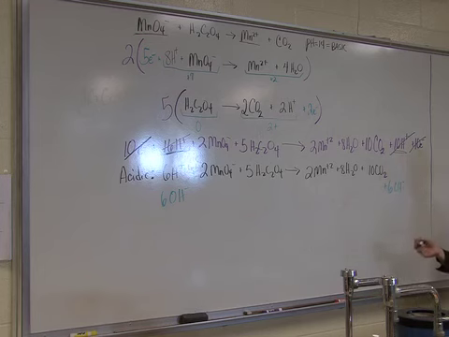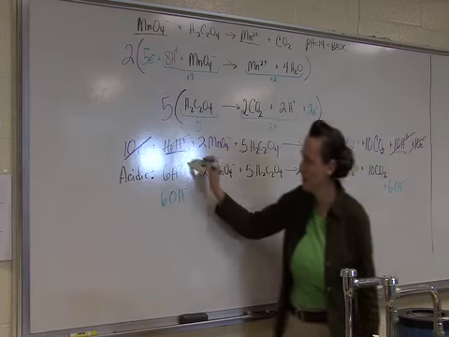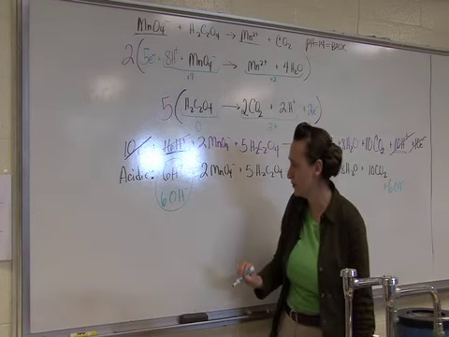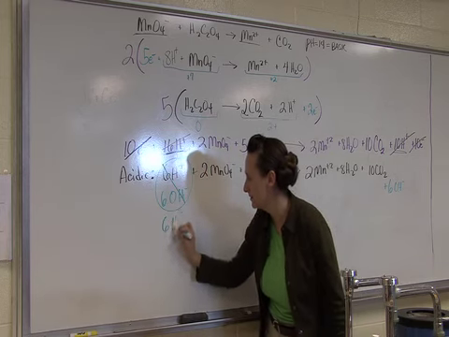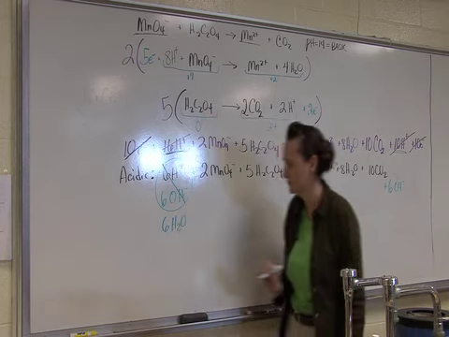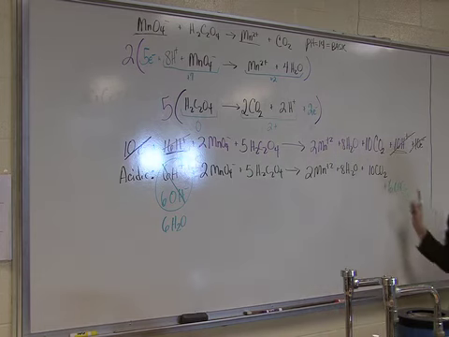I can't throw something in on one side without throwing it in on the other after I have everything balanced. The 6 H plus and OH minus are going to make 6 waters. And after you make water, you have to double check your water. Because you could be combining some waters on one side or canceling out waters.